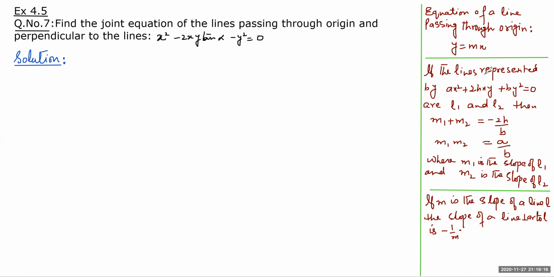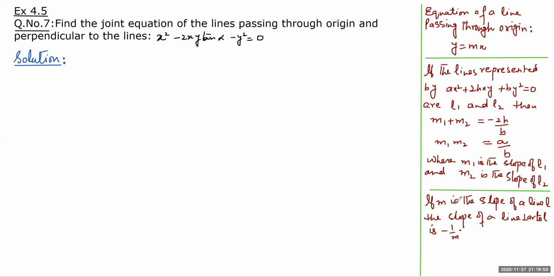Then if the lines represented by ax square plus 2hxy plus by square equals to 0 are L1 and L2, where m1 is the slope of L1 and m2 is the slope of L2, then m1 plus m2 is minus 2h by b, and m1 m2 equals to a by b. You may get the value of h and b from the first, and a and b from the second.